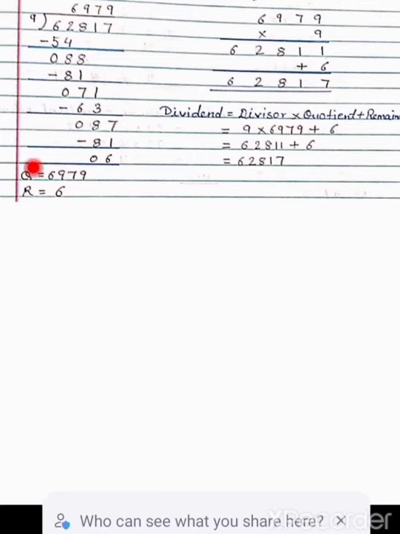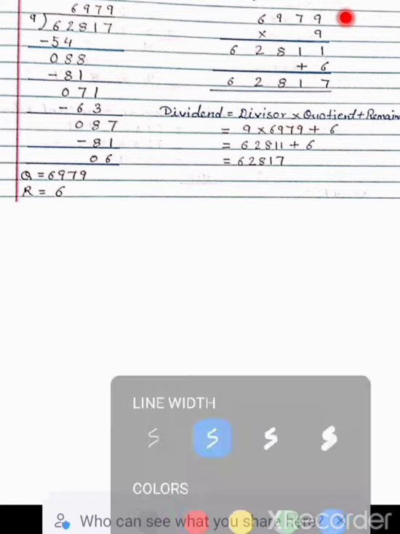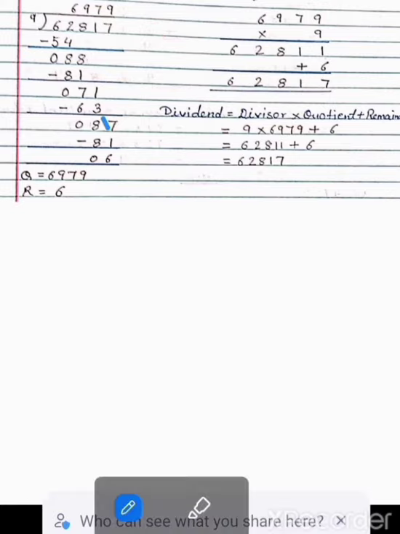Here we have used the algorithm for checking, and this work I have done just to make you understand that 9 into 6,979 is 62,811, plus 6 we will do, and we will get our answer. This work is optional, students. It is not compulsory to write this whenever you are solving such sums.